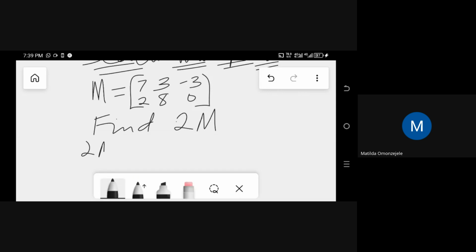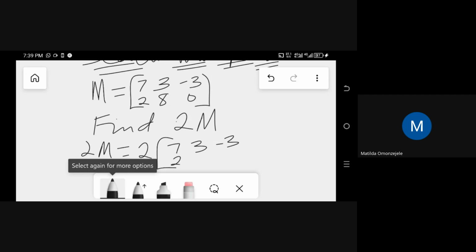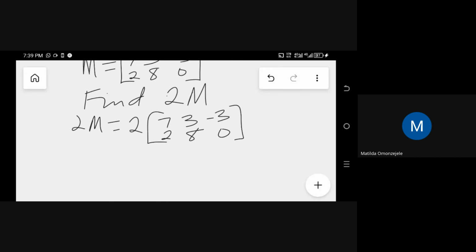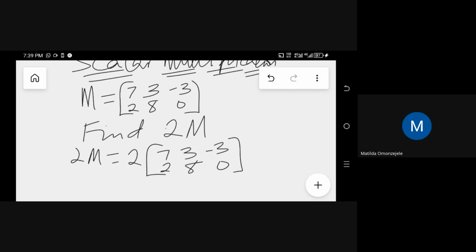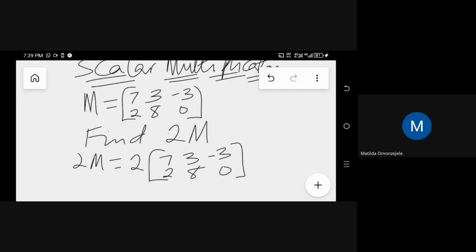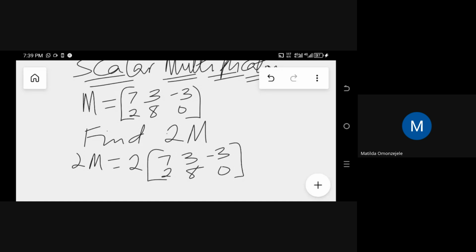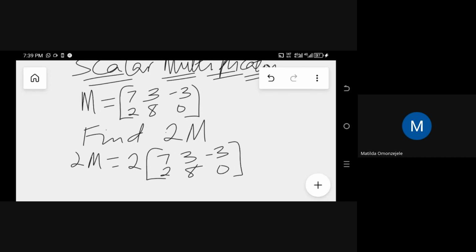So 2M would be 2 times 7, 3, minus 3, 2, 8, 0. Like this. So to find 2M, this is the original matrix. The first row we have 7, 3, minus 3. The second row we have 2, 8, 0.